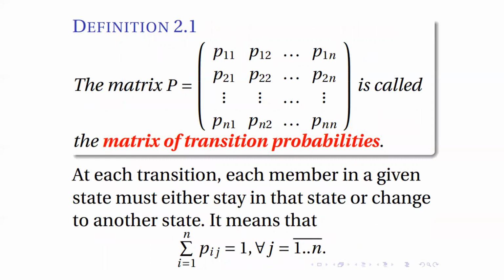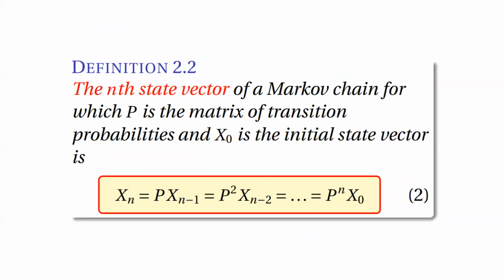In the next definition, the matrix P with entries p11 to pnn is called the transition probability matrix. At each transition, each member in a given state must either stay in that state or change to another state. It means that the sum over i from 1 to n of pij is equal to 1, where j is from 1 to n.